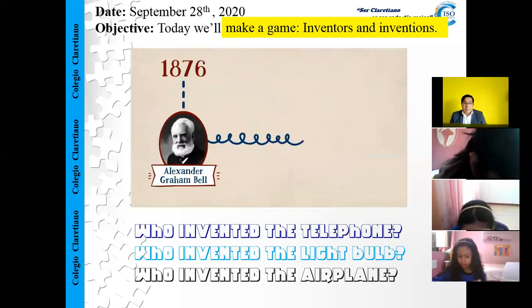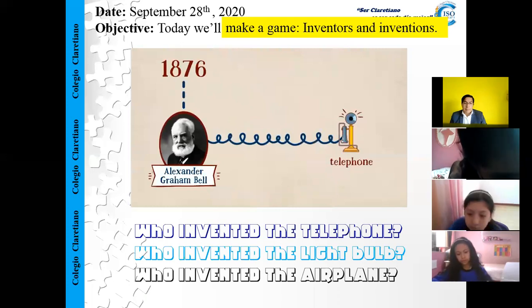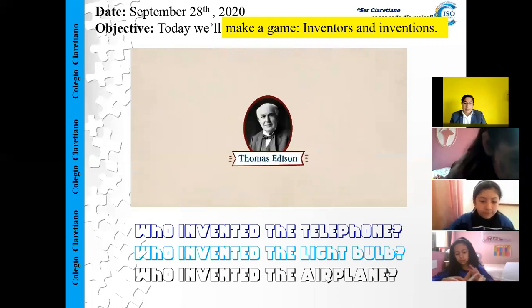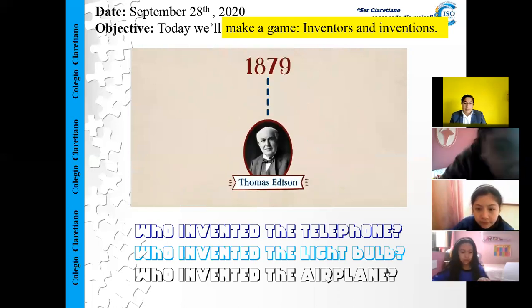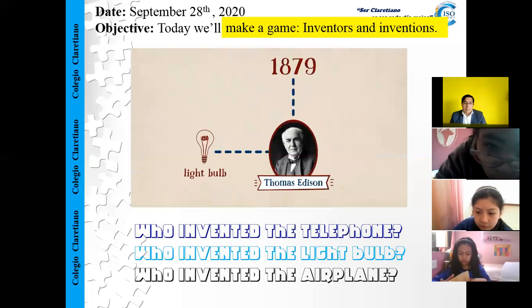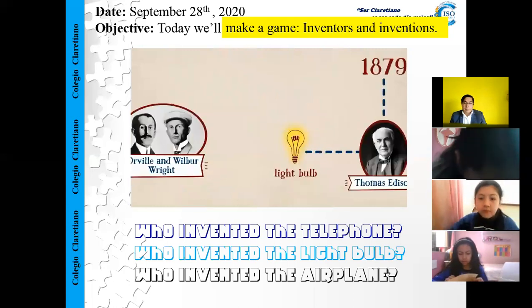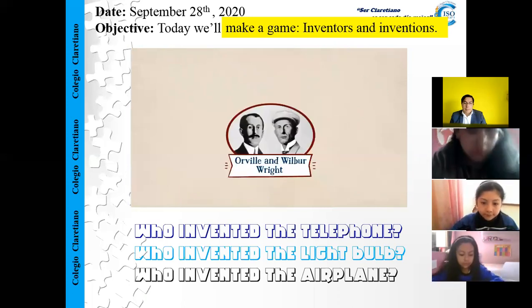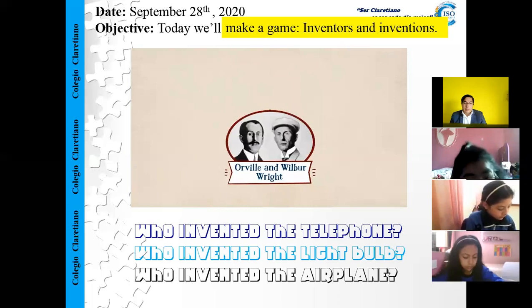This led to his invention of the telephone in 1876. Thomas Edison invented the light bulb in 1879. It was powerful enough to illuminate or light up an entire room. After many failed attempts, the Wright brothers invented the first successful airplane in 1903.